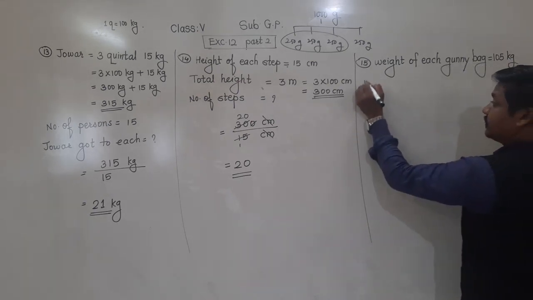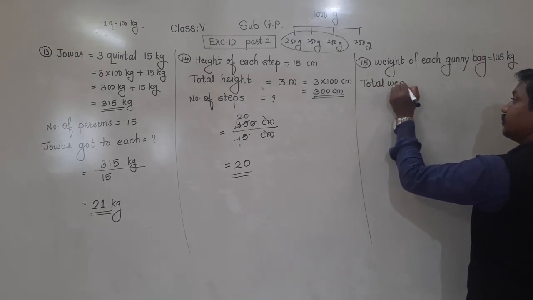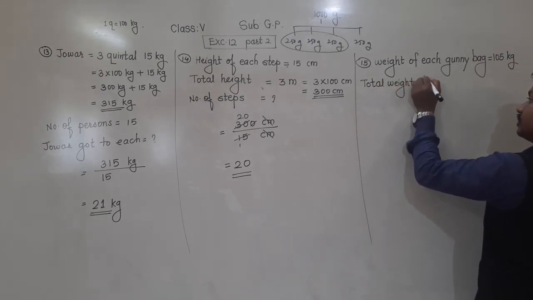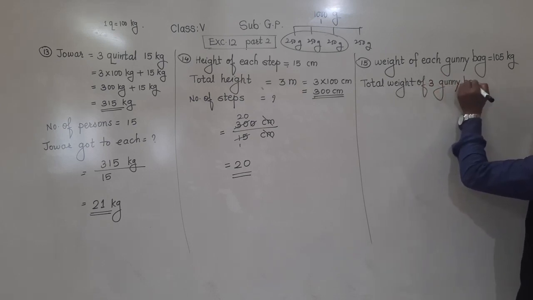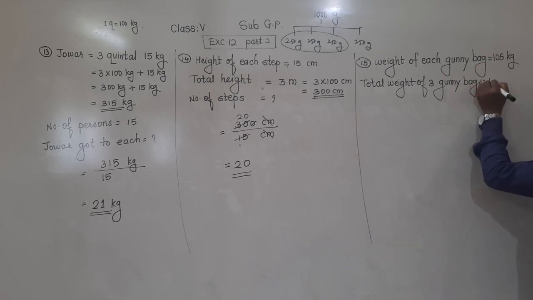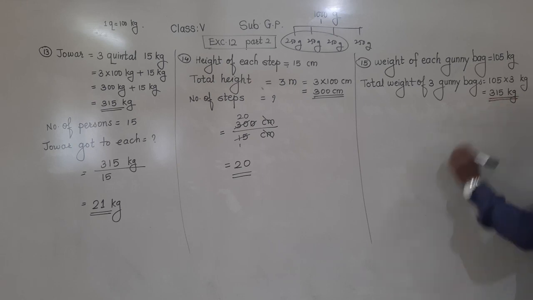So the total weight of 3 gunny bags is what? 105 into 3, that is 315 kg. 315 kg.